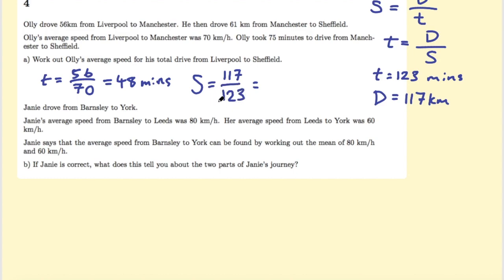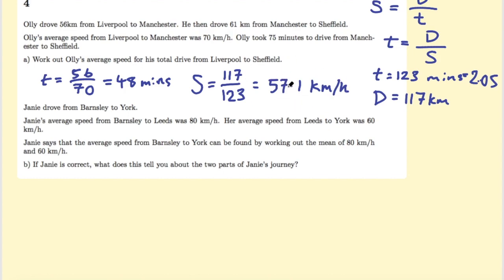Now you could change this to hours by dividing it by 60, and if you divide that by 60, you get 2.05 hours. And then if you divide 117 by 2.05, you get 57, and you get some decimal places. If you round it to one decimal place, you get 57.1 kilometres per hour.